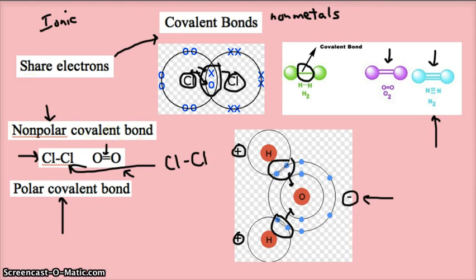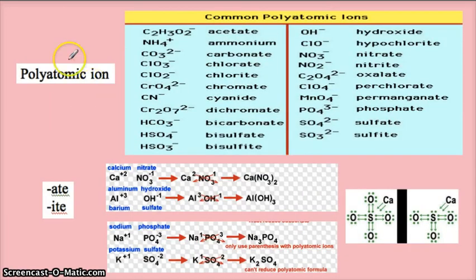Now, something else that you will find is that some compounds act both ionic and covalent. Let's see some examples. These are called polyatomic ions.